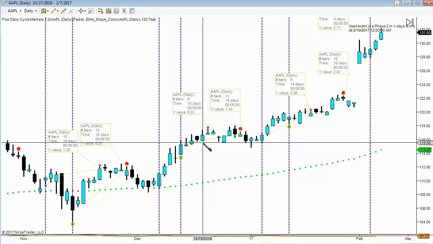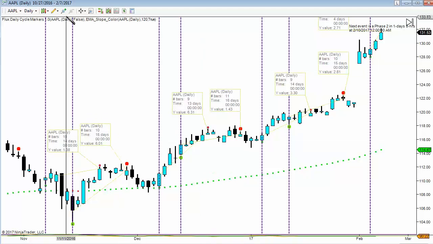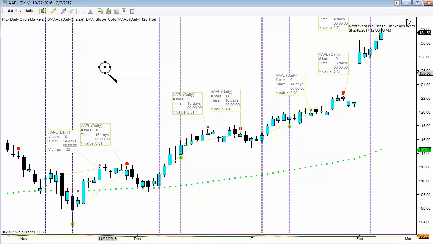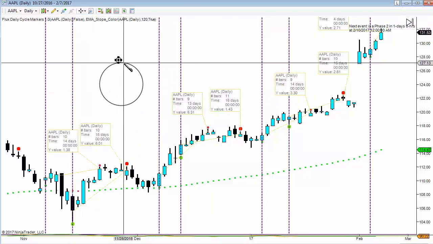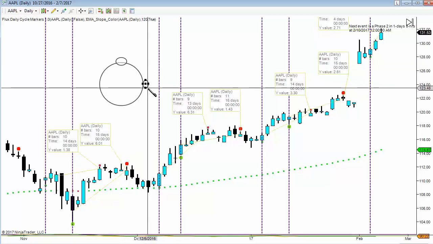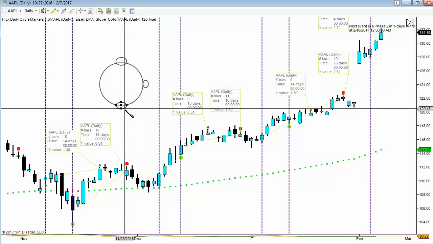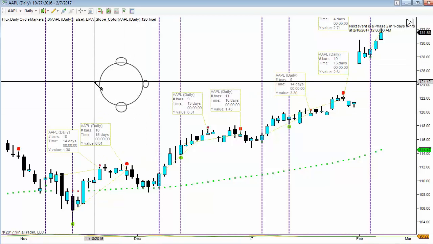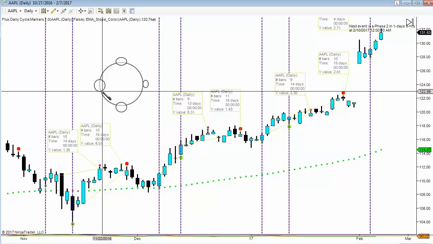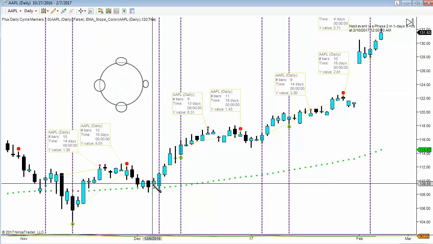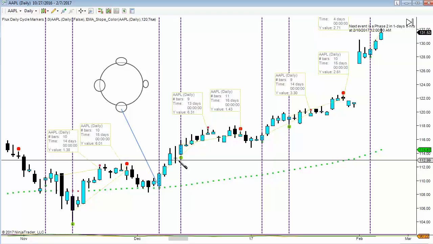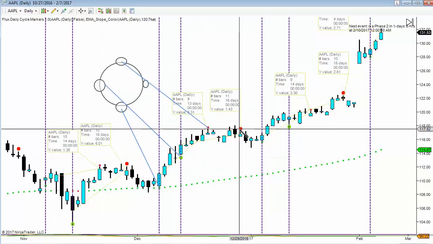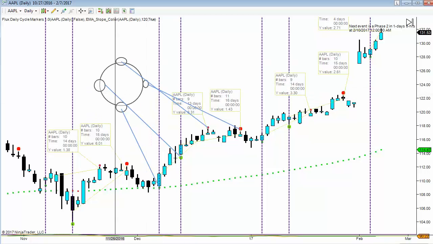So energy cycle number 1 tracks a 90-degree phase cycle. Think of it like a circle. The circle has 4 points: 0 degrees, 90 degrees, 270, I'm sorry, 0, 90, 270, 360. And so this would be a phase 1, this would be a phase 2, this would be a phase 3, this would be a phase 4.